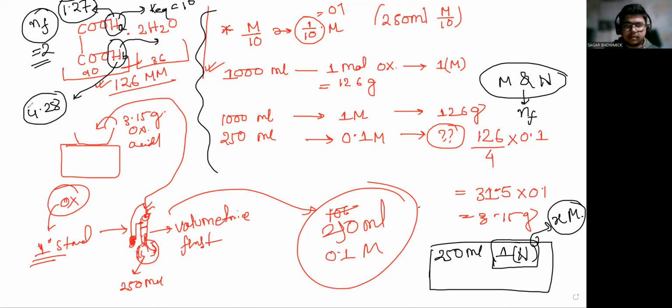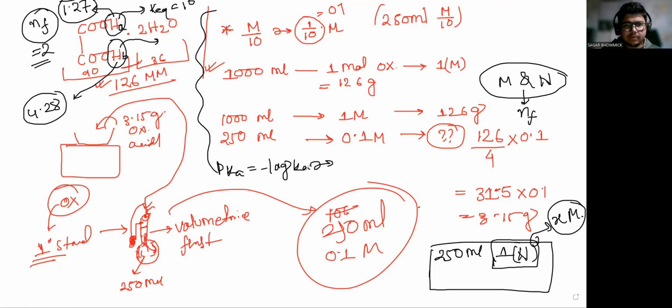What does that mean? From pKa we can calculate the equilibrium constant. pKa means minus log Ka. Ka actually means equilibrium constant. For an acid it's called Ka, for a base it's called Kb. That's nothing but the equilibrium constant.